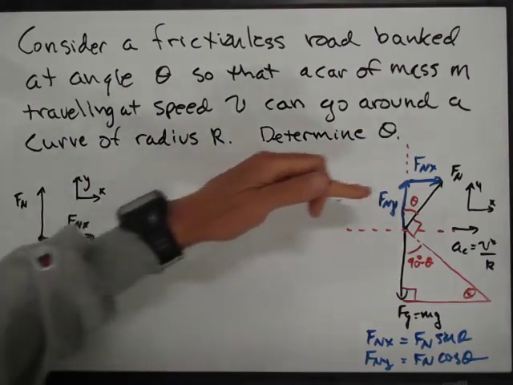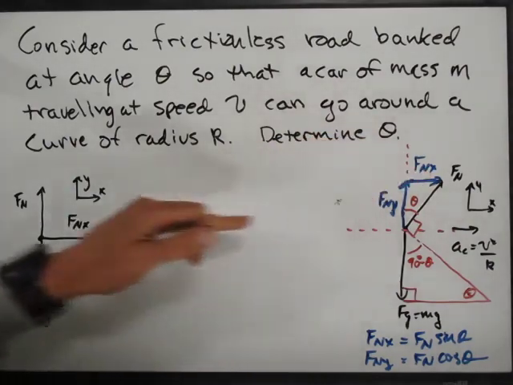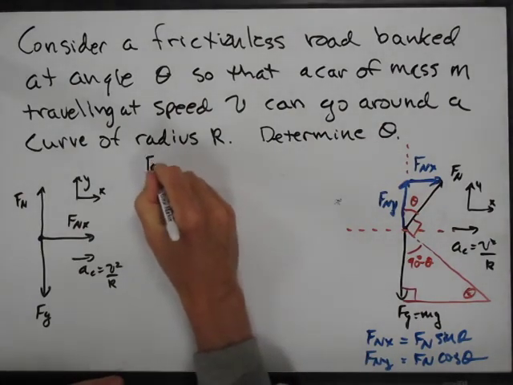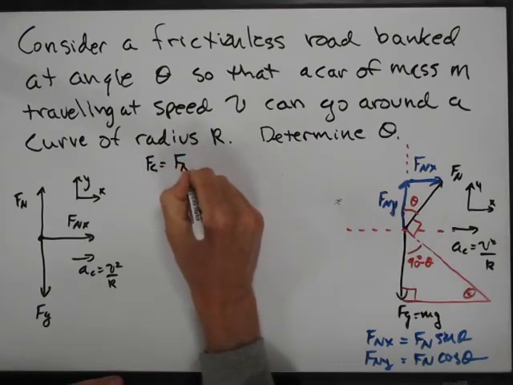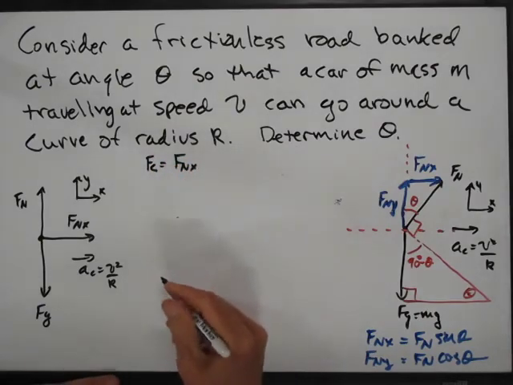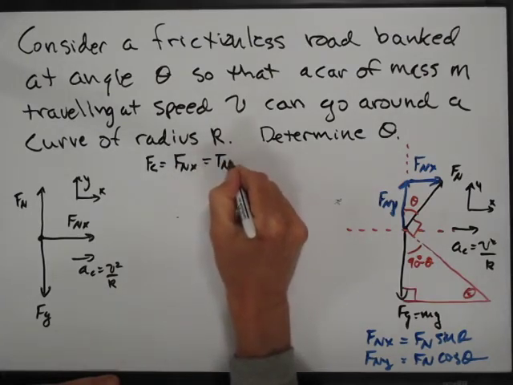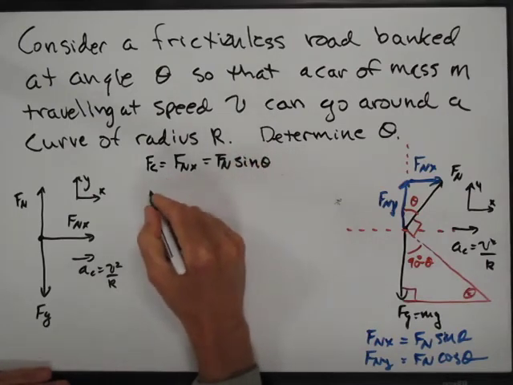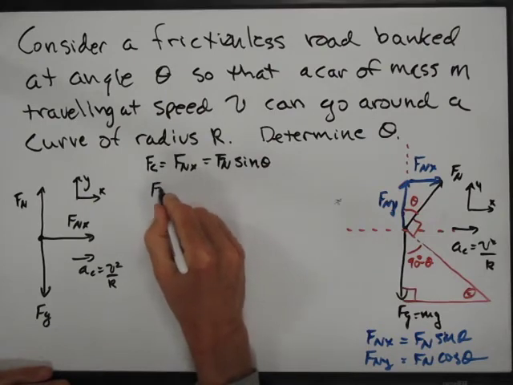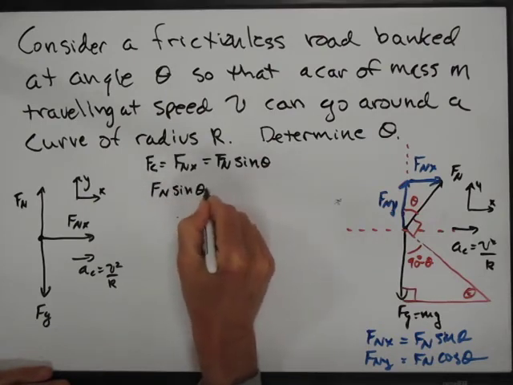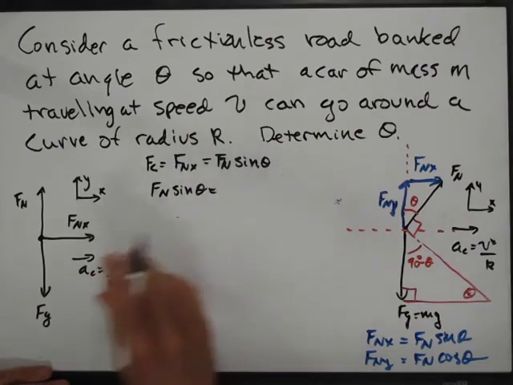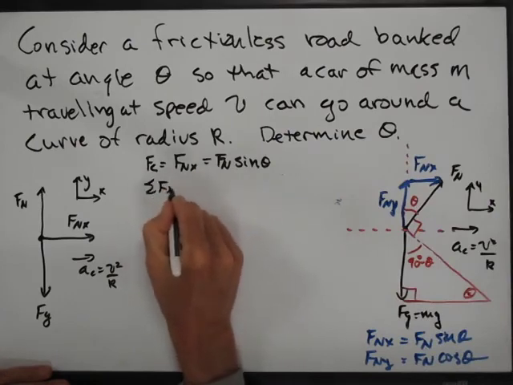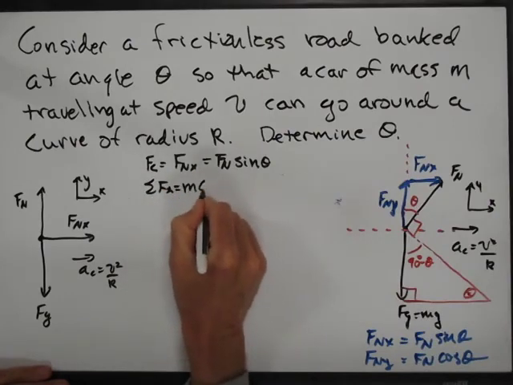And so it's the x component of the normal force that pushes the car around the track, that provides the centripetal force. I could say F sub c is the x component of the normal force, which is Fn times the sine of theta. Let me back up a second and write the sum of the forces in the x direction equals m a sub x.